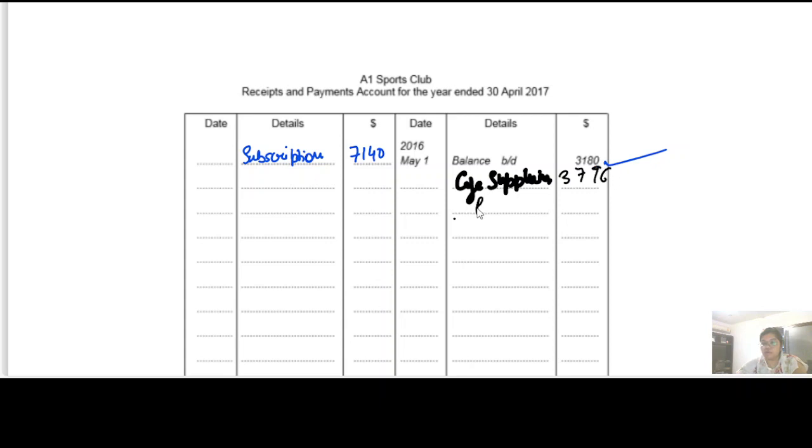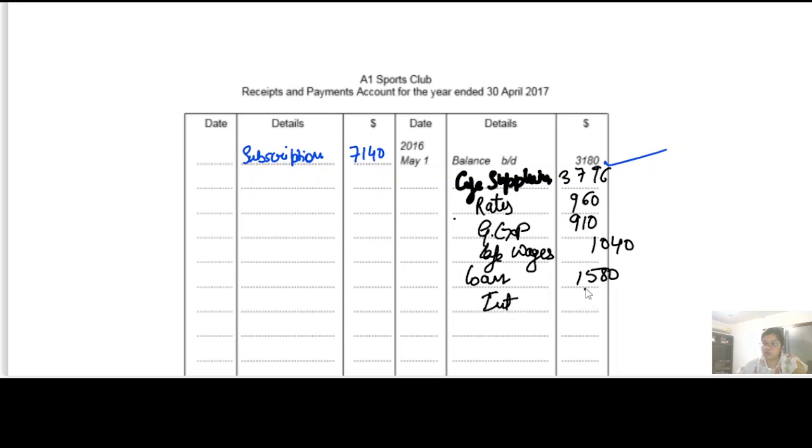After that, rates were there, that is 960, and general expense also, 910, and then cafe wages were there, which is 1040, and then loan, which is 1500, plus interest on loan, that is 90, and 4000 is because you purchased equipment. This is all your payment side.